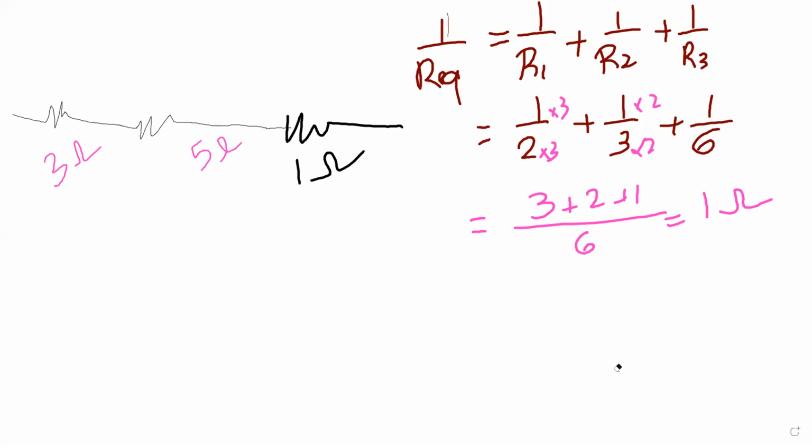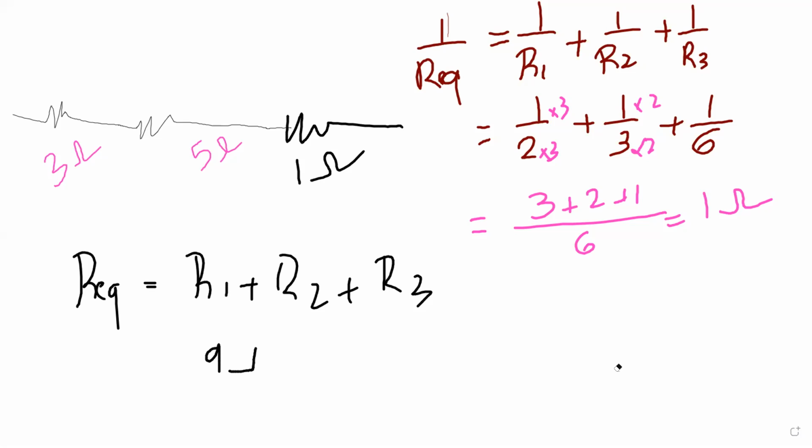After I replace it, I now have 3, 5, and 1. How are they connected? In series. Bravo. So since they are in series, the R equivalent will be R1 plus R2 plus R3, which is 9 ohm. 3 plus 5 plus 1. Is it clear? Yes, teacher. Another example now.